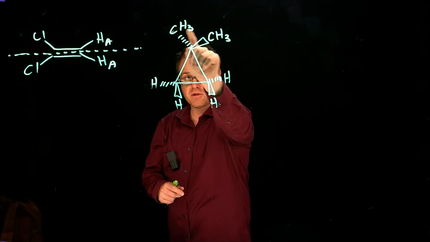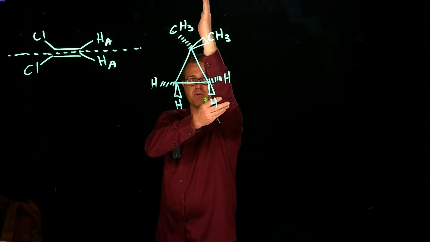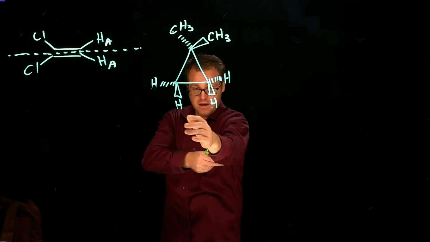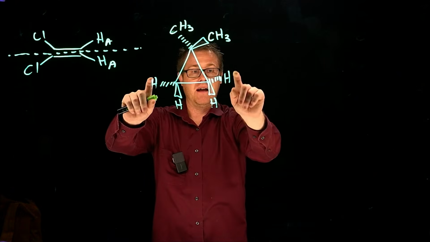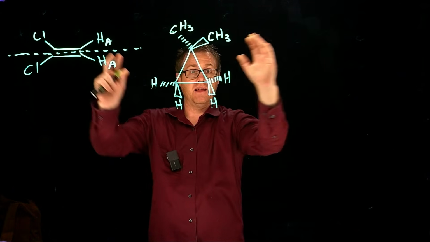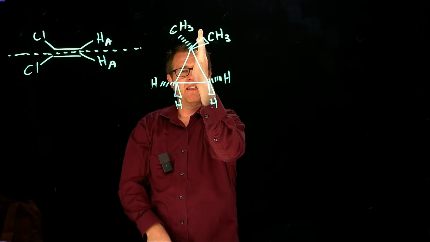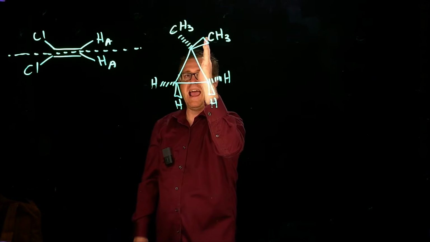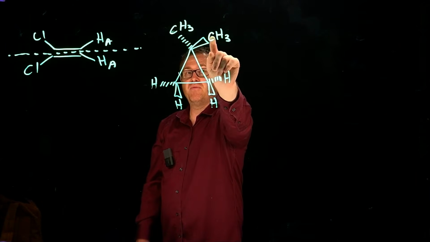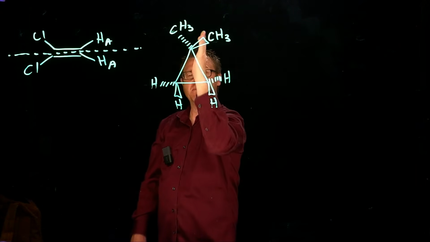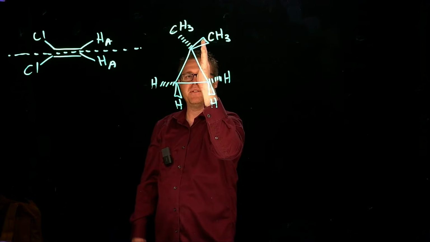So these 2 methyls right here, if I draw a plane of symmetry right down the middle, I have an equal half. I have the hydrogens on either side of the plane, and then these methyls right here, they're getting chopped right in half. So if you just pay attention to the carbons, I'm chopping those carbons right in half.